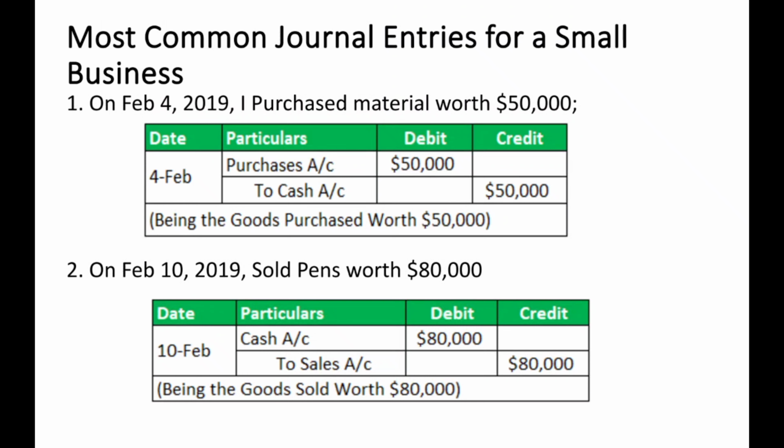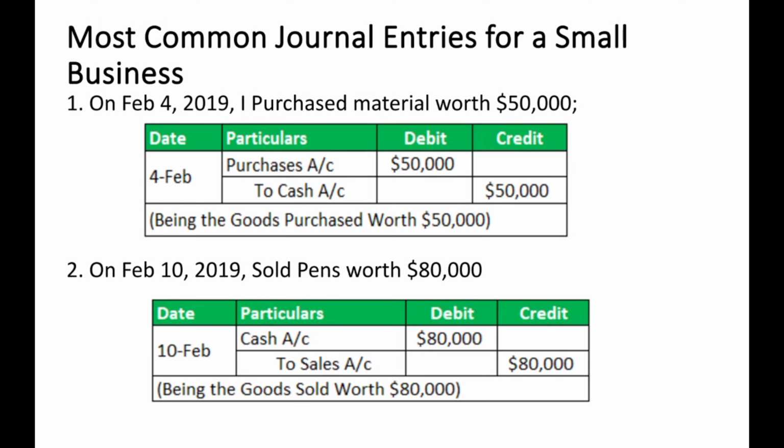The asset value will increase. Material means inventory, so the inventory value increases and that comes under debit. Now the cash: when we purchase the material, we need to pay cash, so the cash will go out.